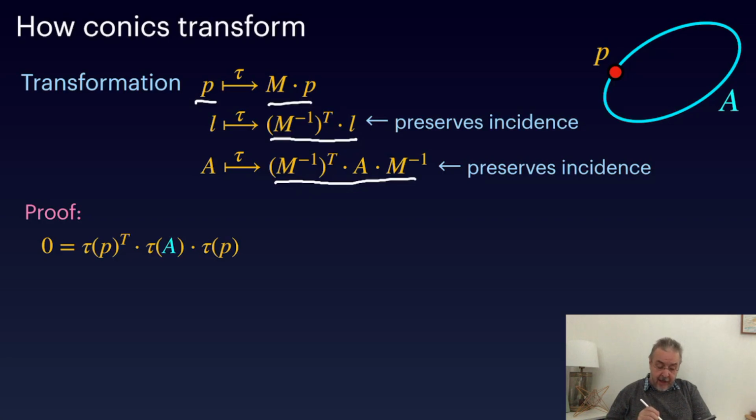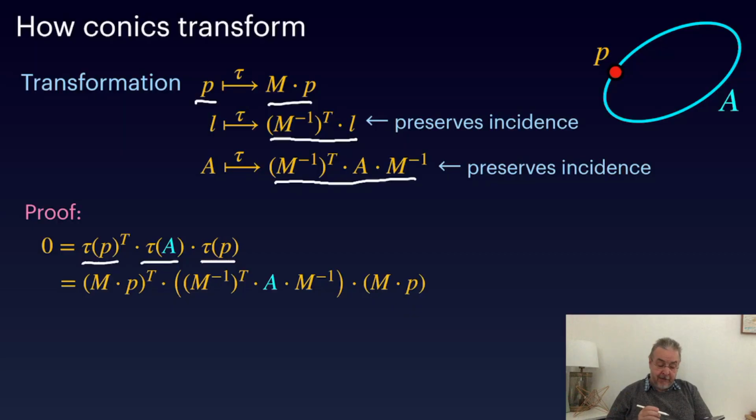So take a point, a conic, and the point again after the transformation, and we check that the condition that the point is on the conic after the transformation is the same as the condition of being incident to it before the transformation. So simply plug in the definitions. Here you have your transformed point, here you have your transformed conic, and you have your transformed point again.